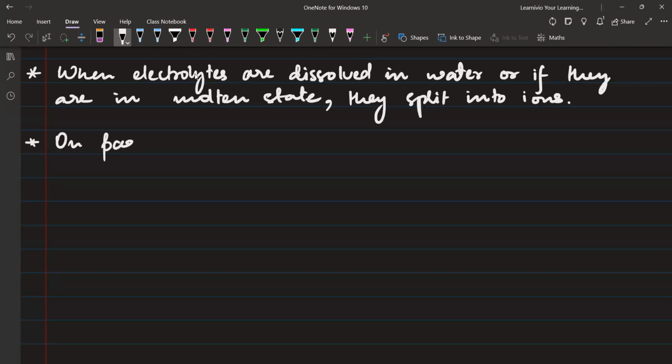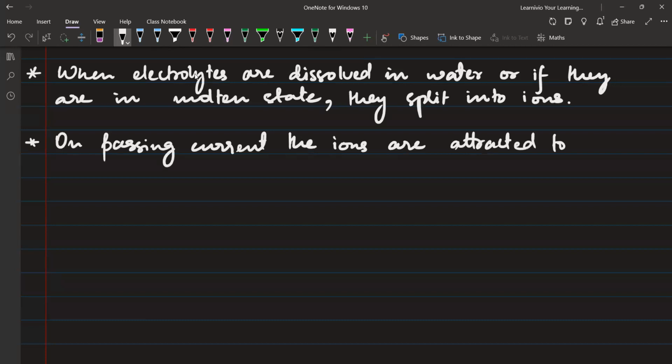On passing current, ions are attracted towards oppositely charged electrodes.